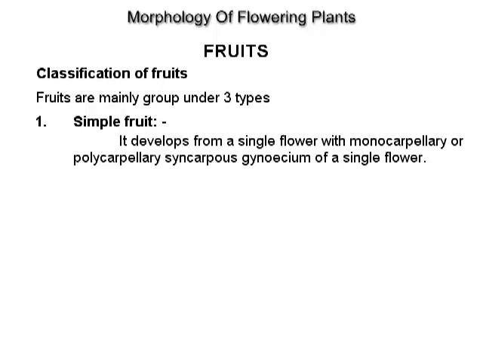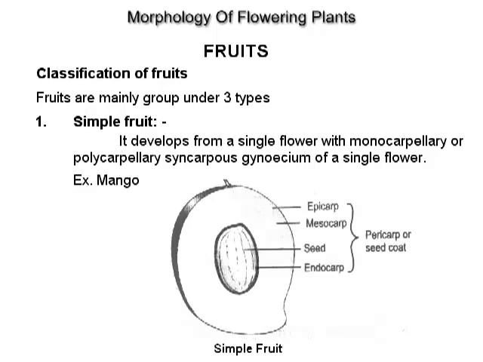Classification of fruits. Fruits are mainly grouped under 3 types. Simple fruit. It develops from a single flower with monocarpellary or polycarpellary syncarpous gynoecium. Example, mango. Aggregate fruits.